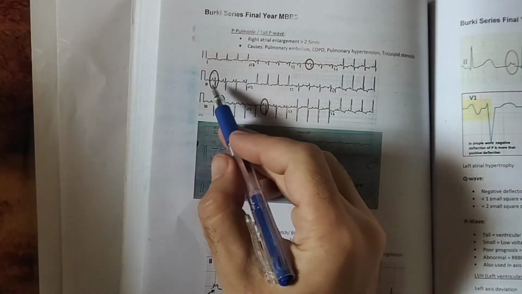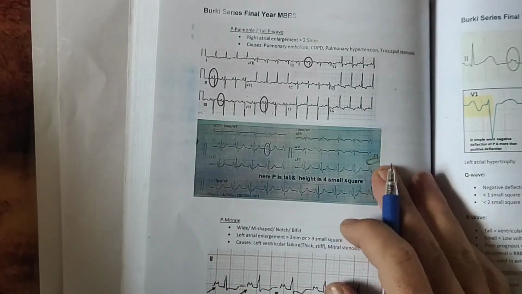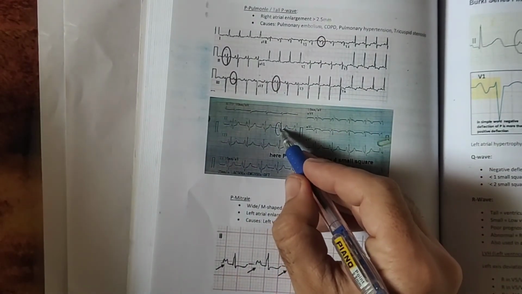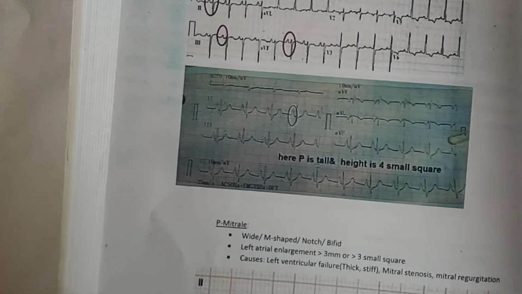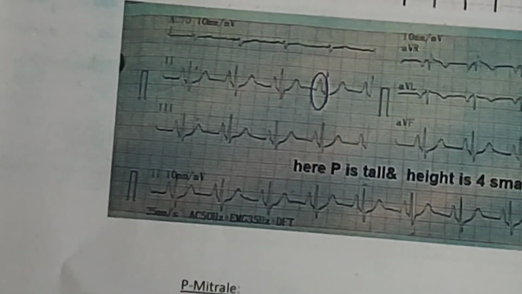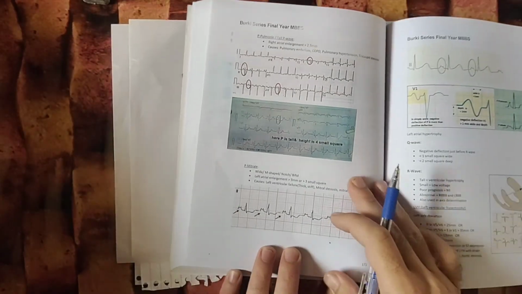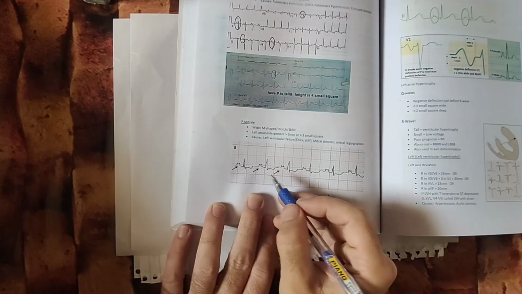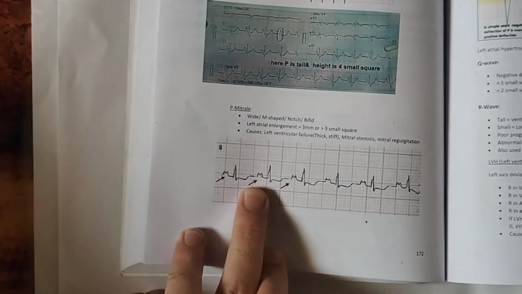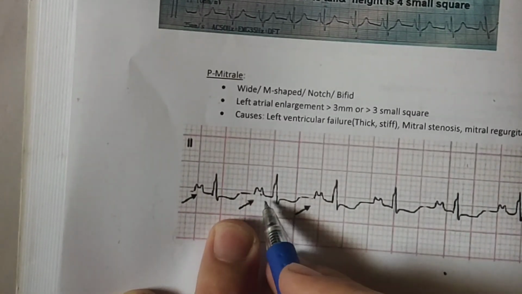Now here you can see the tall P-wave. Here is tall, and here is P-mitral. Just check it, it looks like an M, so it is called P-mitral: bifid, notched or wide P-wave.